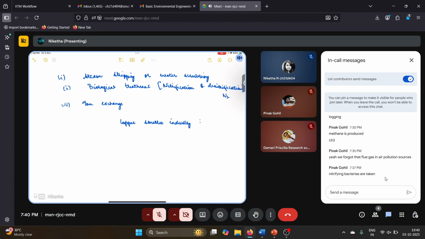So here the sources of air pollution can be the volatile organic compounds from smelting, and acid mist and particulate matter from the sulfuric acid plant.